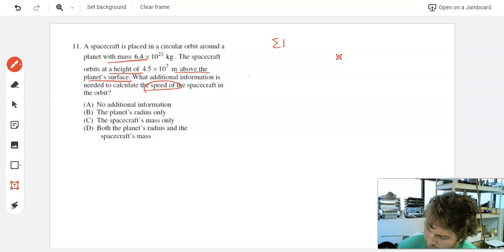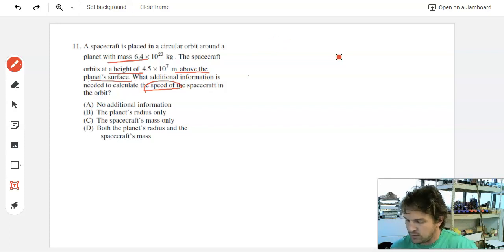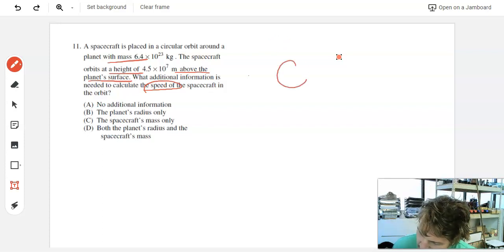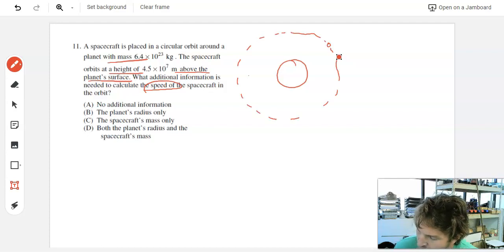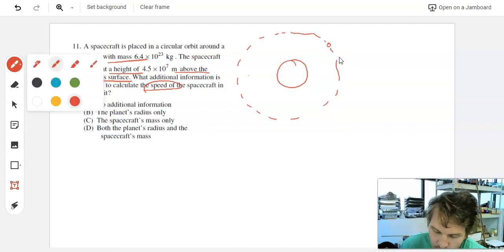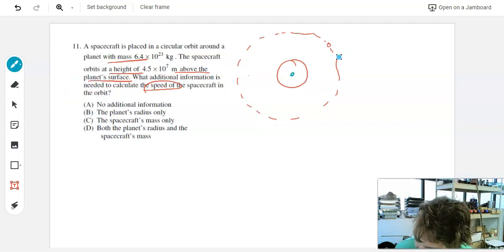You would set this up. Let's draw a picture of it first. There's a planet. There's a little spaceship, and it's going in a circular orbit, right? There's two things you need to know in order to do this. You would need to know the distance from the center of the planet to the spaceship, right?